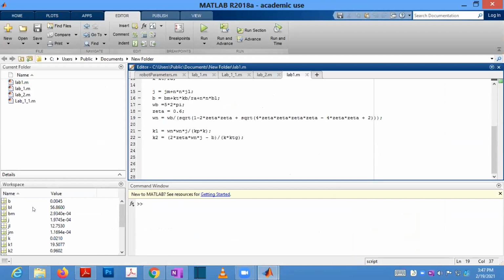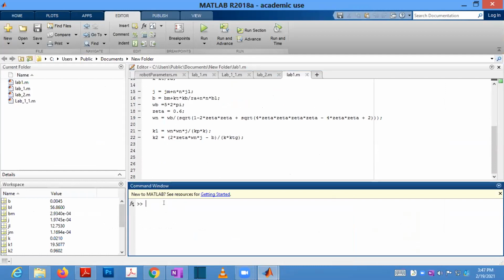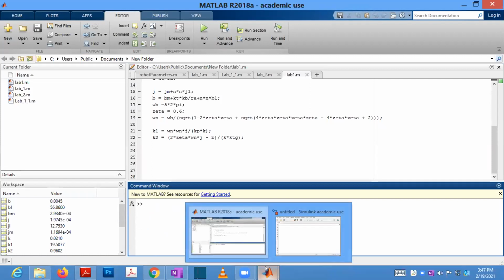Then you run it, then all the things will come in the workspace, and K1, K2 and omega n values you can observe from K1, K2, omega n. Those values you can see there.